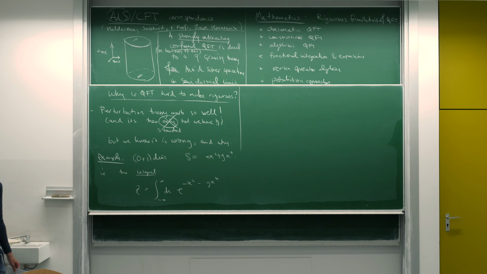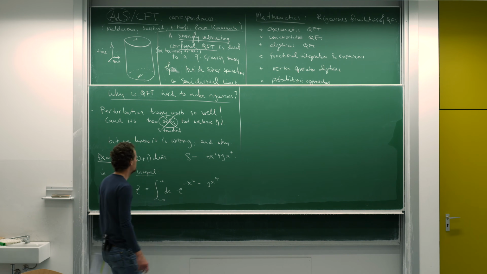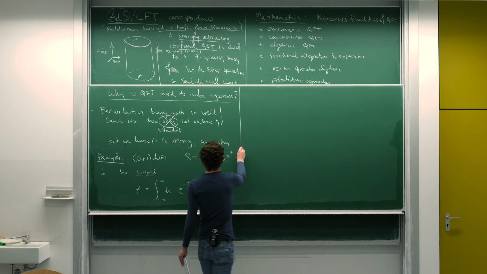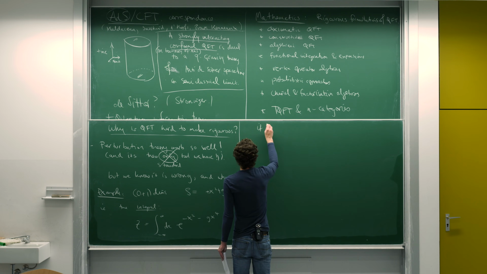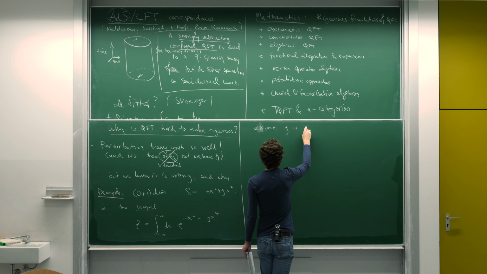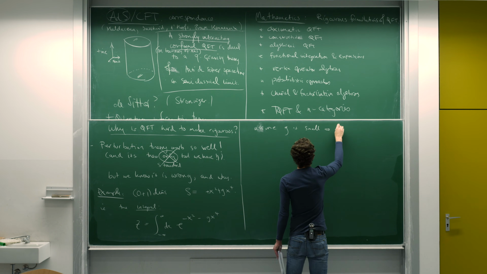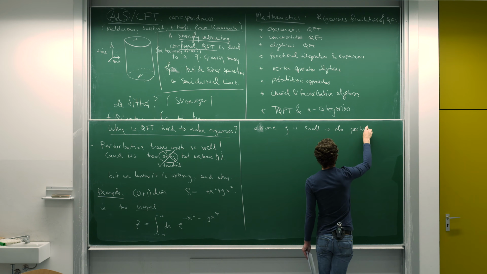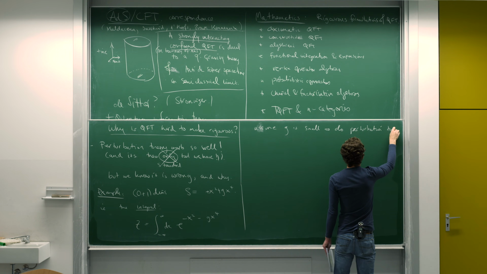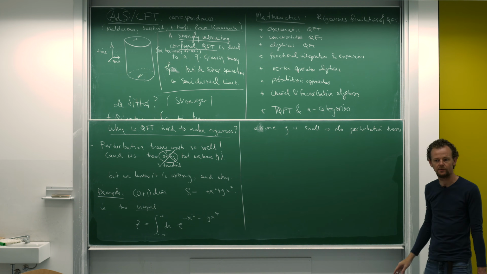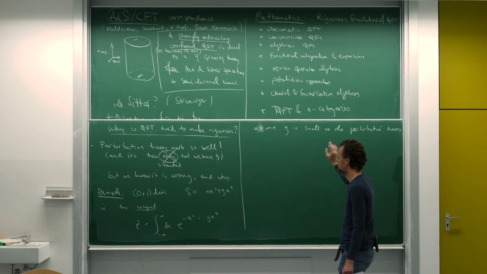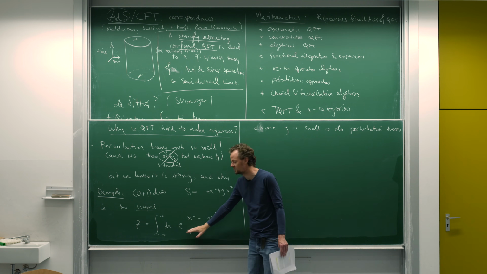Now, if you assume G is small, you do perturbation theory to understand this integral, and you get some series. But already here we see all the problems that we have in quantum field theory at this very trivial level of a single 0 plus 1 dimensional system that's basically just one integral.